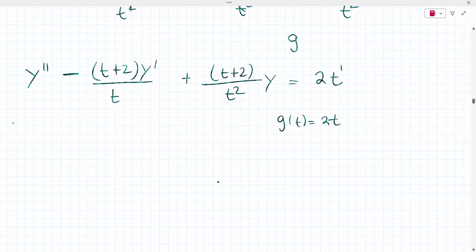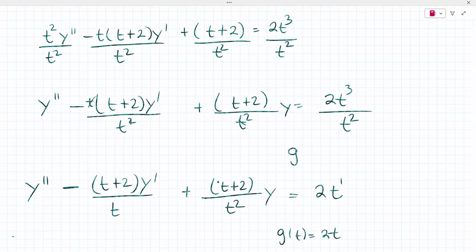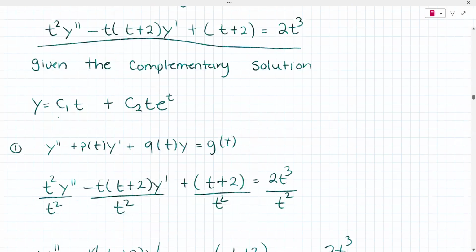And we know that our y1 is t, it was given, right? And then my y2 is t e^t.